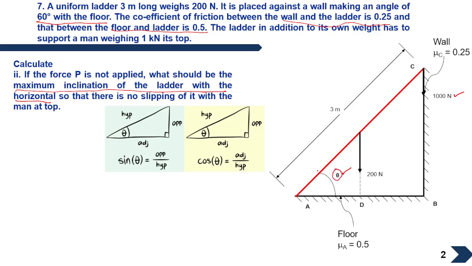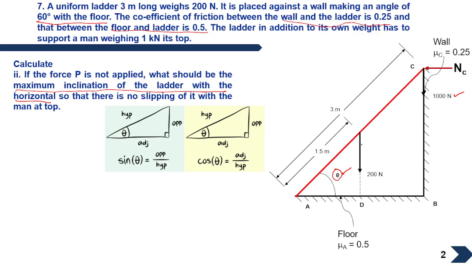We'll just apply the steps we learned in our previous video and solve this sum. Our first step is to draw the free body diagram. We have 1.5 meter, which shows that the 200 Newton weight of the ladder is acting at the middle, at the center of the ladder.